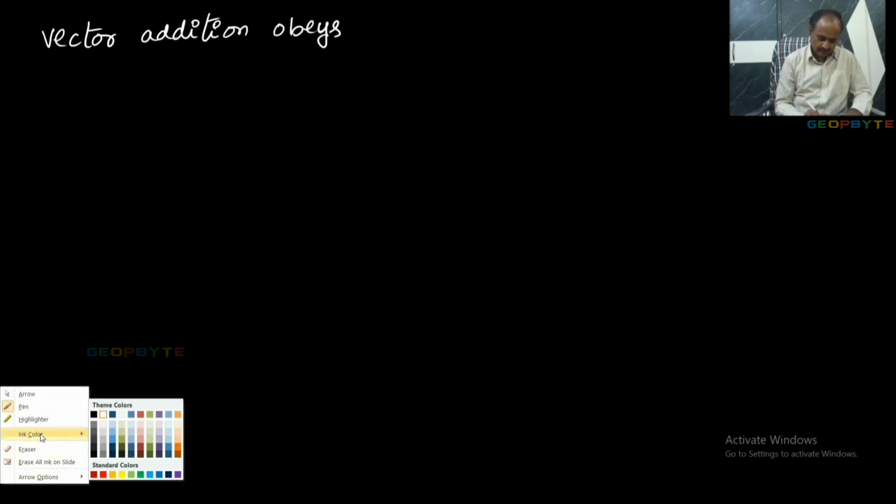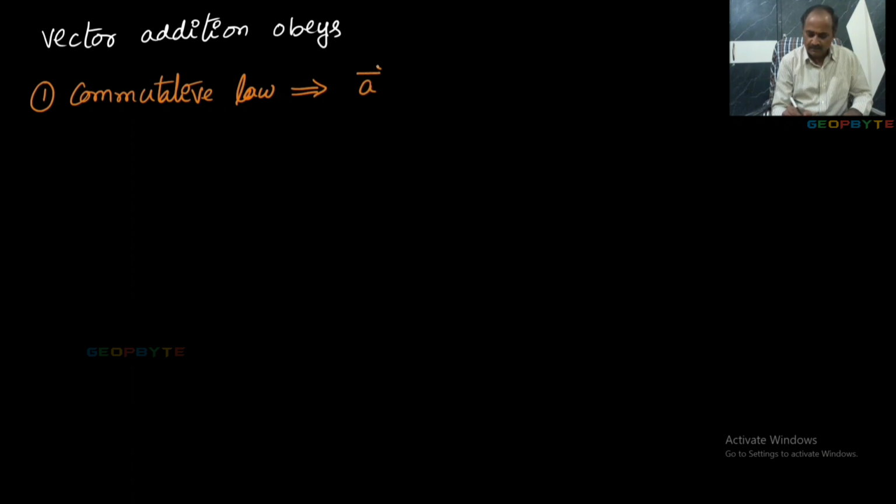Dear friends, remember, vector addition obeys, first point, the commutative law, means vector A plus vector B is equal to vector B plus vector A. That is the commutative law.